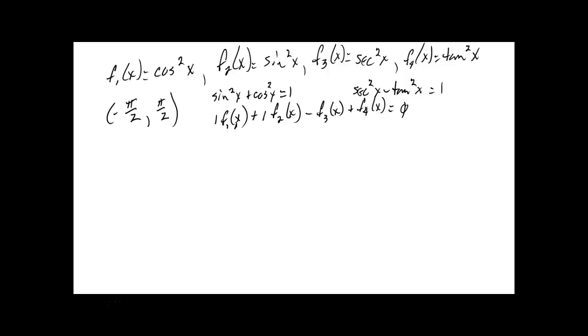Okay. And by the way, you can do this. Add that secant squared to this side, and then you have a new identity. Sine squared plus cosine squared plus tangent squared is equal to secant squared. And this would be sine squared plus cosine squared plus sine squared over cosine squared is equal to 1 over cosine squared.